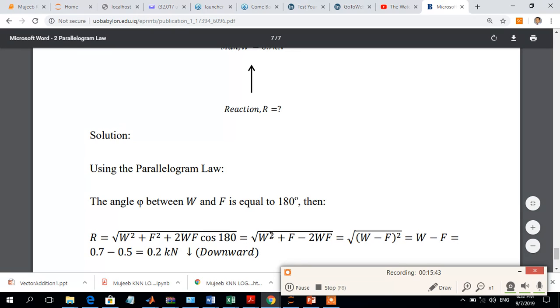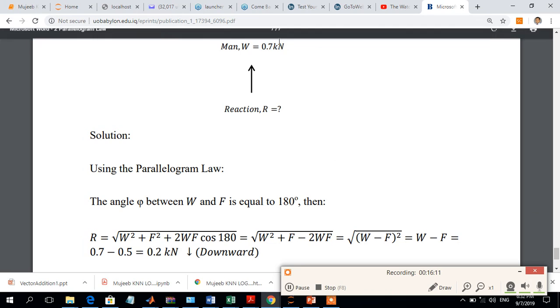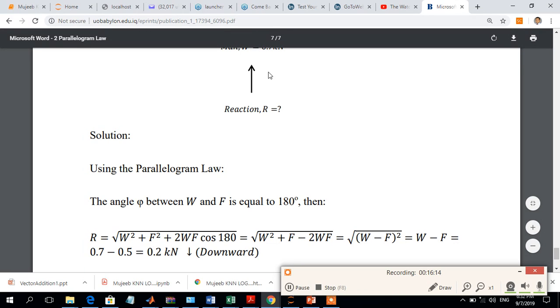So we have the equation w square plus f square, minus 2 times wf. If you calculate that, it is going to be w minus f. Or you can say that since these two forces are in opposite directions, we can simply calculate the difference, which is 0.7 minus 0.5, which means 0.2 kilonewton, and normally it is acting in the downward direction, because the more force is from the top.